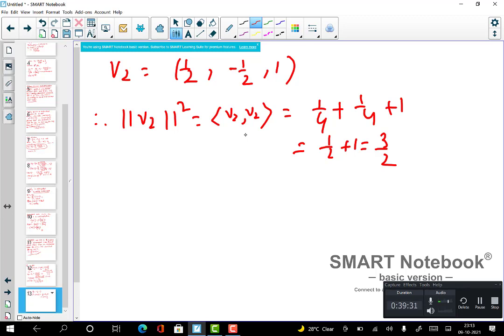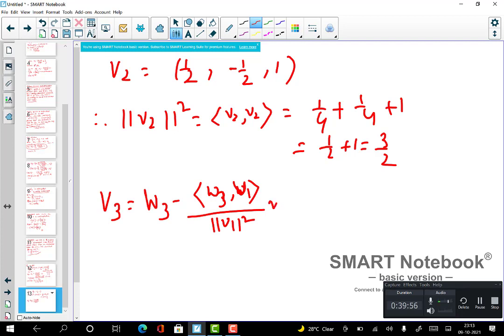So now how to find V3? V3 will be equal to W3 minus the inner product of W3 with V1 divided by norm of V1 square into V1, minus the inner product of W3 with V2 divided by norm of V2 square into V2, right?